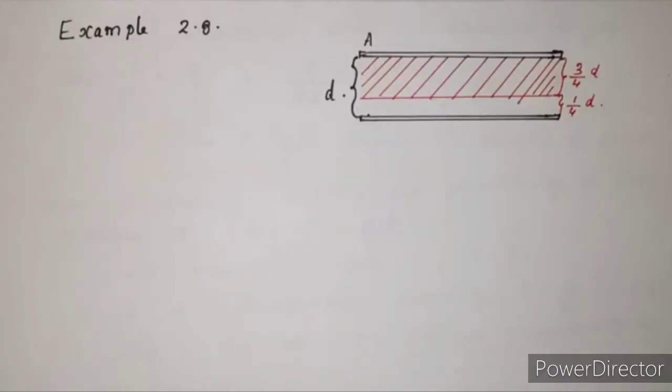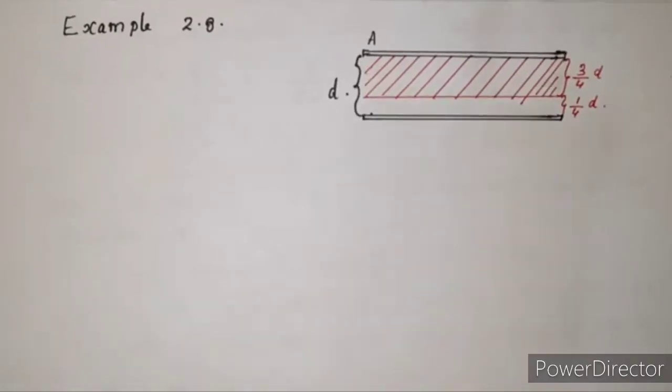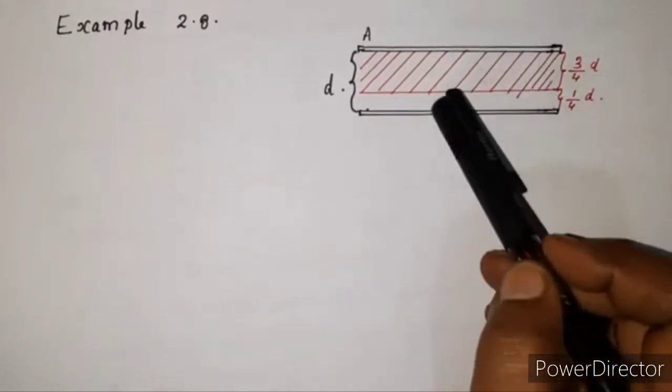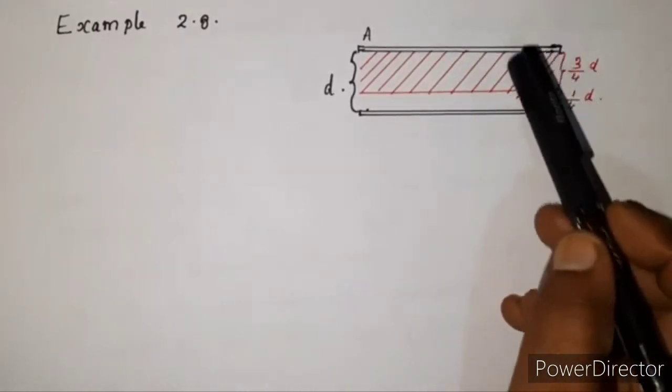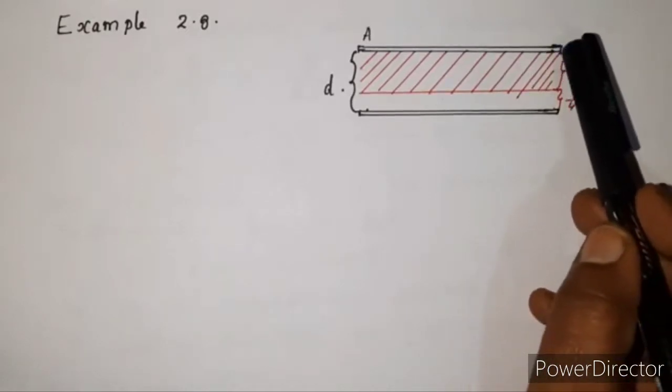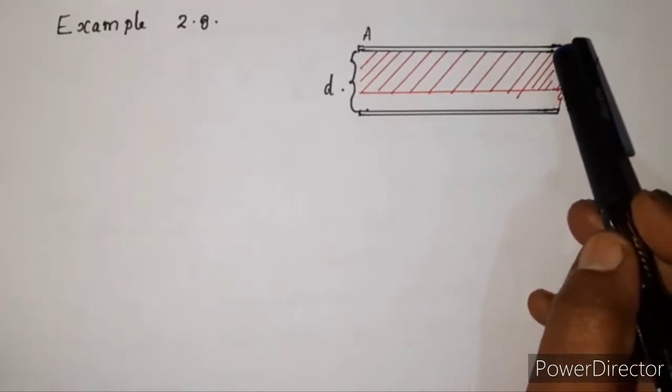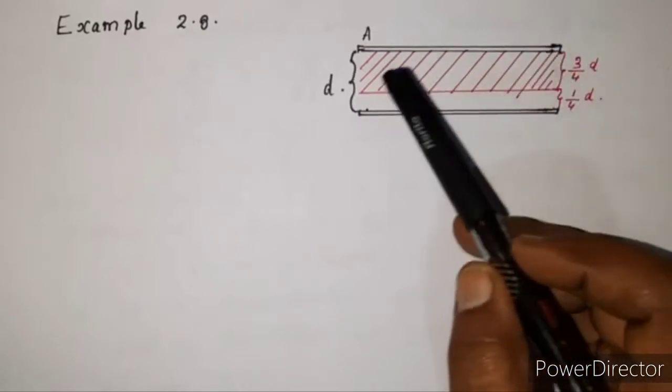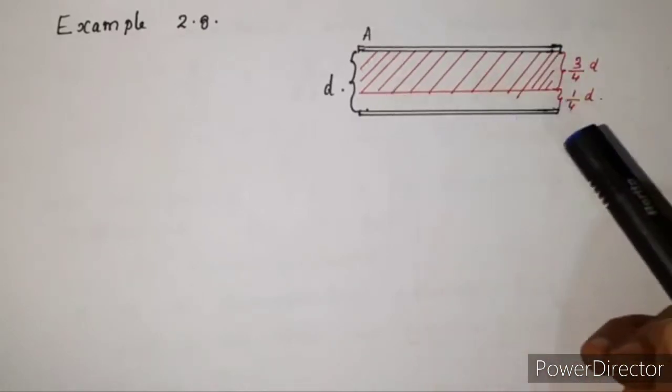So in this question, we have the capacitor plates and the dielectric of the same area, but the thickness of that dielectric is not equal to the gap between the plates.